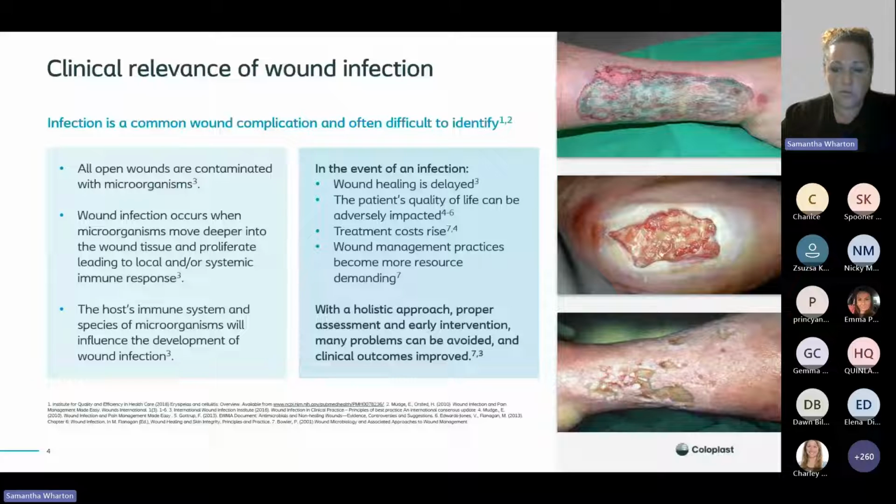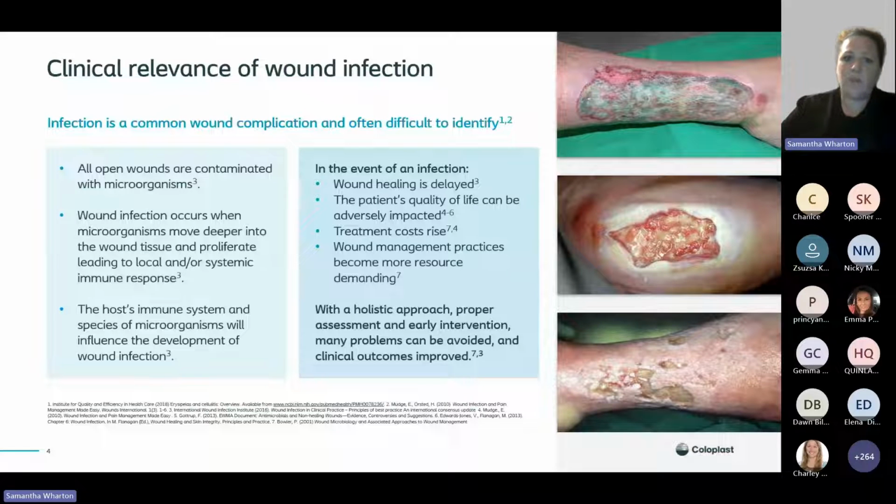They can be subtle signs or the more classic signs, which we'll go into in more detail throughout this presentation. If it isn't managed at that point, the infection can continue to move deeper into the tissues and cause a systemic immune response as well. It's also dependent on what microorganisms are within that wound as to the development of the wound infection.